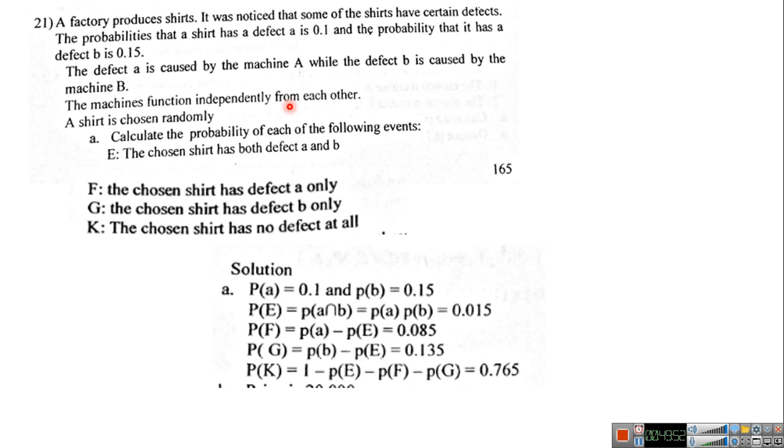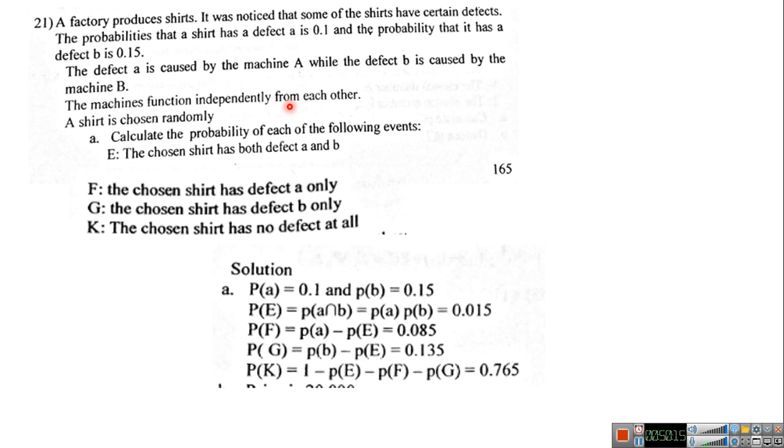So if you want to find P of A intersecting B, it's P of A times P of B. It's not 0, by mistake I said it. Because A and B are independent, suppose you have a product, what is the probability that it has both defects A and B?